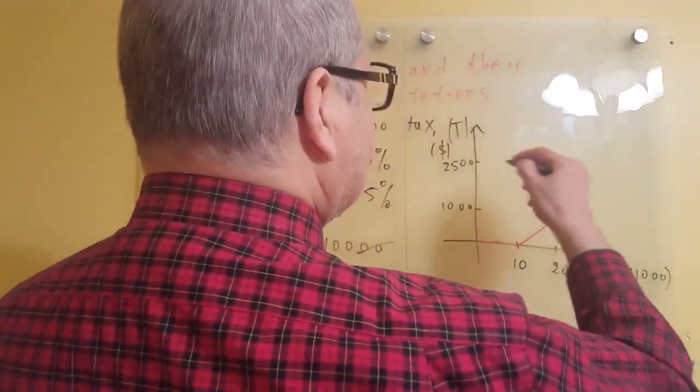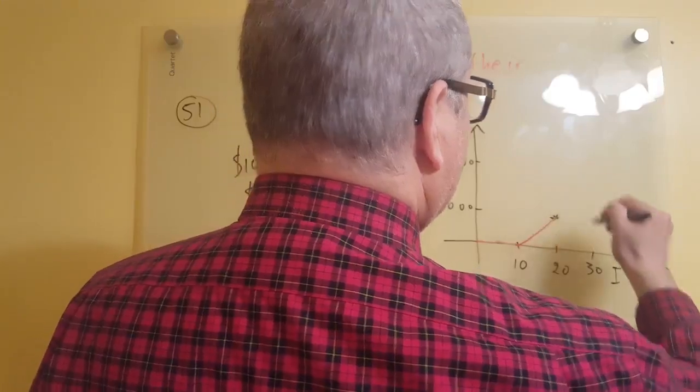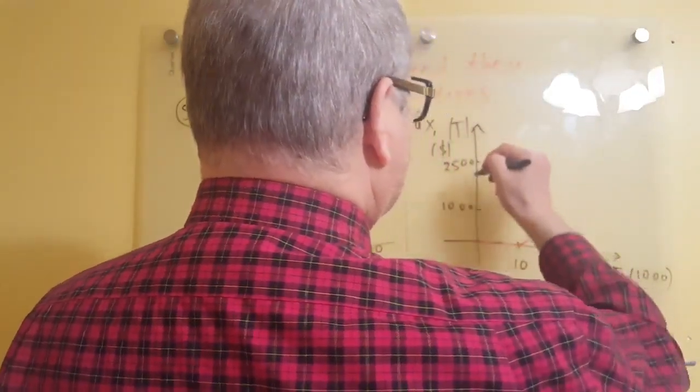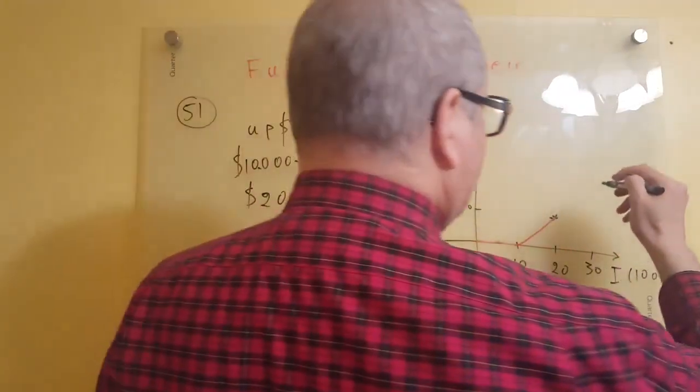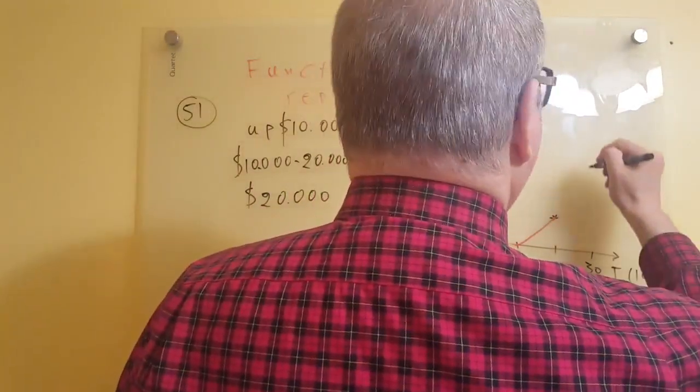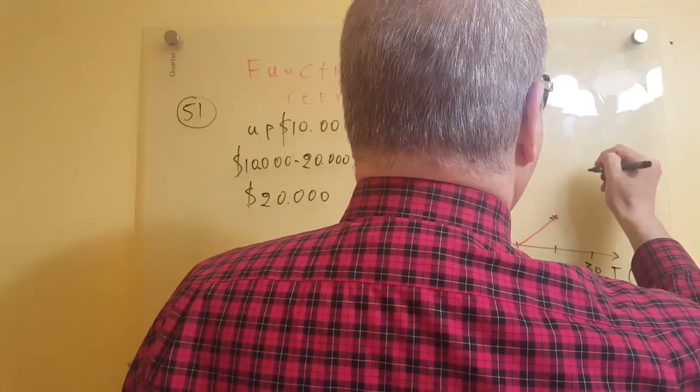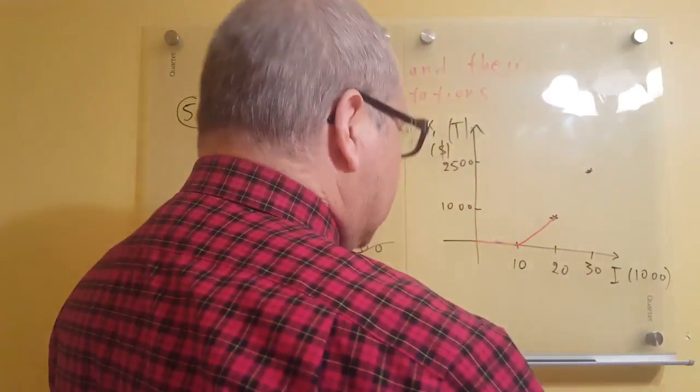So that means that exactly at the 30,000 it will be 1,000 plus 1,500, so that will give you 2,500. So we have the point 30 and 2,500, which is approximately here.